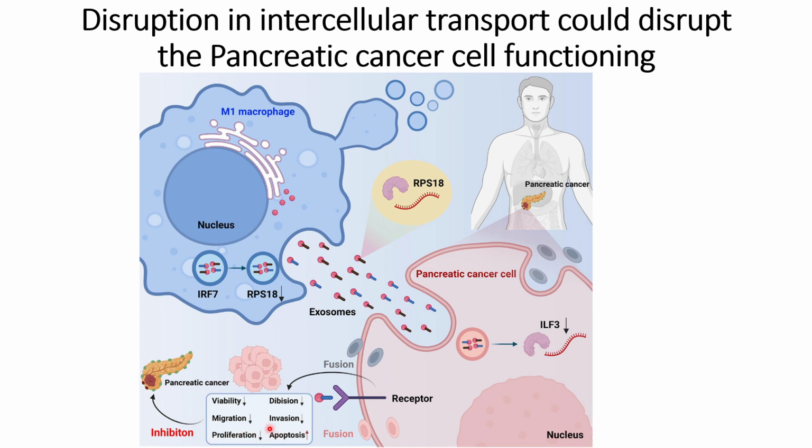The proliferation also reduces, so the growth rate of the pancreatic cancer cells will get reduced, and the invasion is also reduced, so the ability of the pancreatic cancer cells to spread across the neighboring cells will also be reduced. The apoptosis is increased, so it will trigger the death of the pancreatic cancer cells, and thereby reduce pancreatic cancers within the patients.